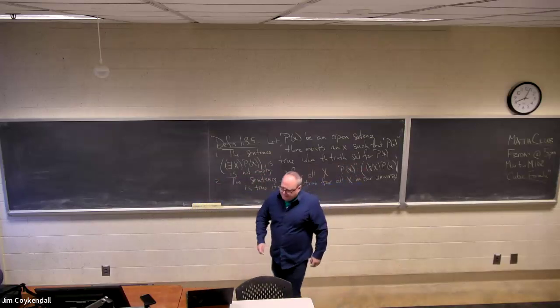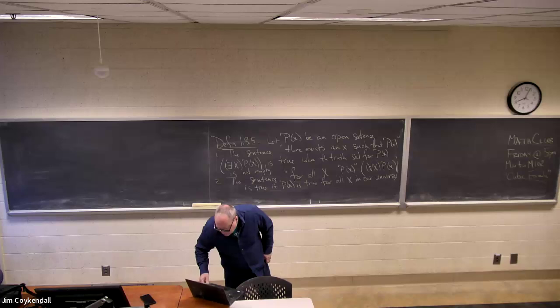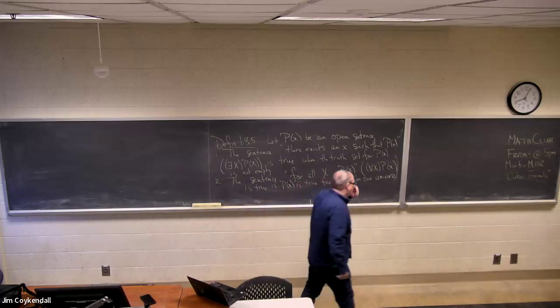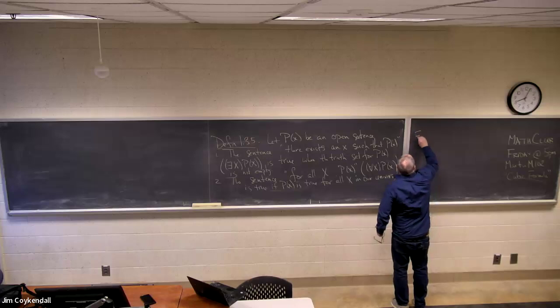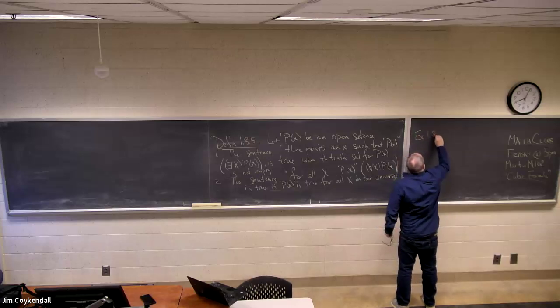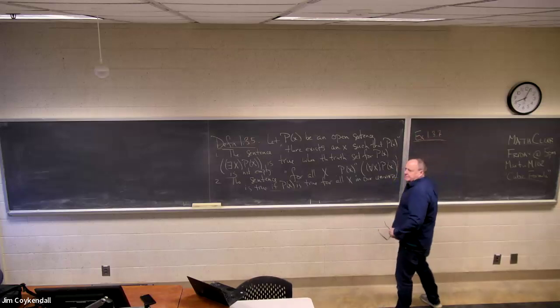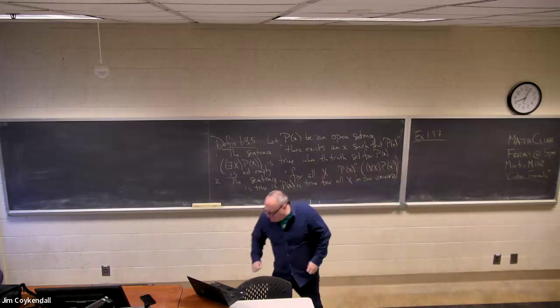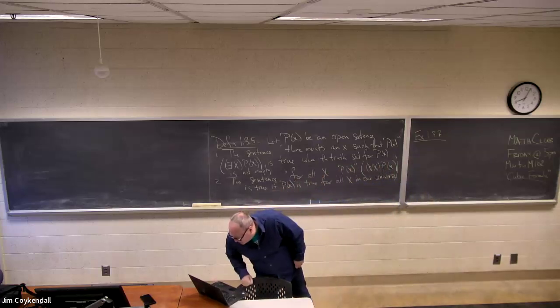So let's look at an example. We talked about this last time with respect to ambiguity, but let me give you some sentences here. Let's look at this one here. How might we write this?